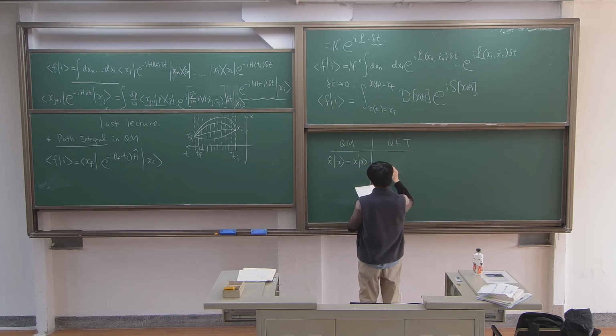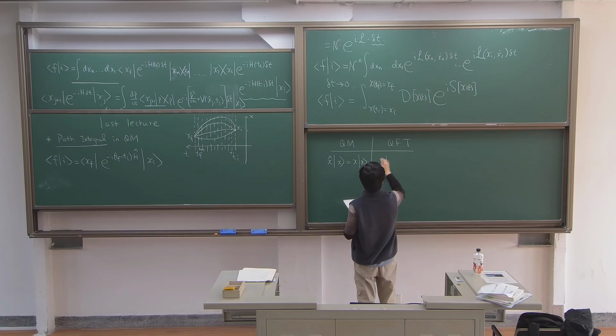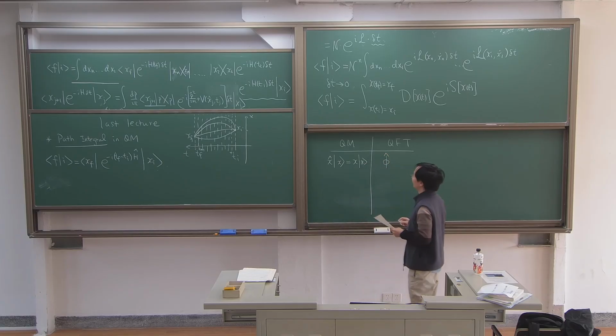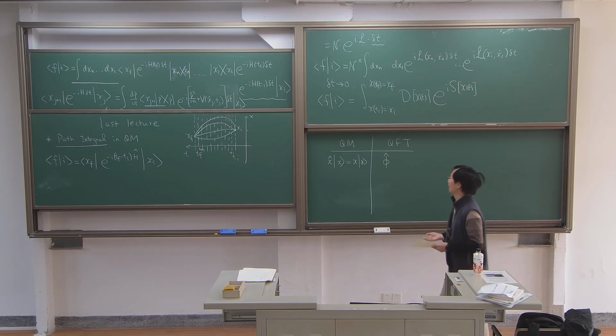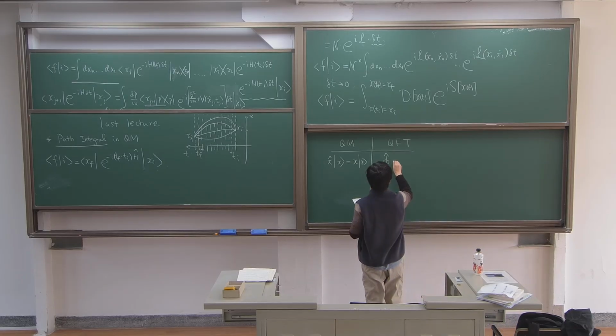Now the analogy in quantum field theory: the x has to be promoted to the phi field. Now in field theory, x is no more an operator, but phi is. And x is an index to denote phi. Let me put in this equation.